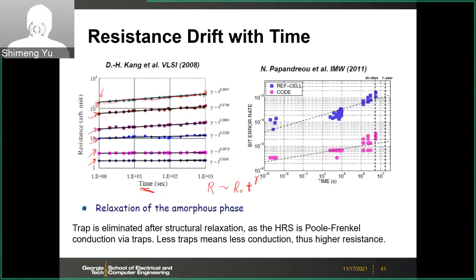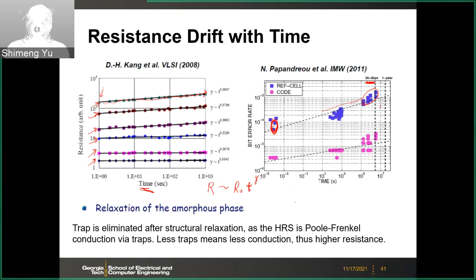So this will be a problem for the multi-level operations, as you can imagine here. And also here you see the time scale. If you initially program your resistance to be here, after 30 days, the resistance increases to here. So this will be a problem for the multi-level, right?